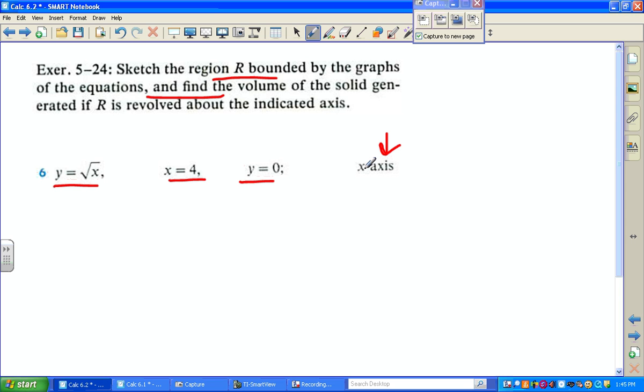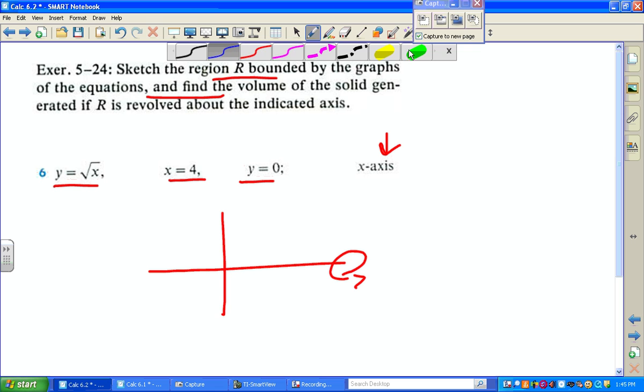Today, you don't have a choice. After today, after tomorrow, you'll have a choice. Like area, you had a choice. Volume, you don't have a choice right now. You have to go around the x-axis. And it is actually kind of surprising to me that the hardest part is some people actually getting the graph. If you can get the graph, you should be able to get the integral.